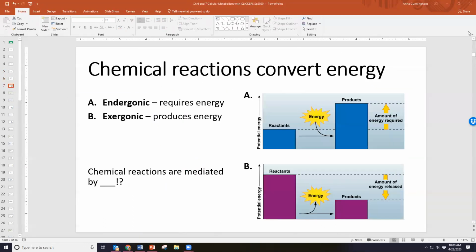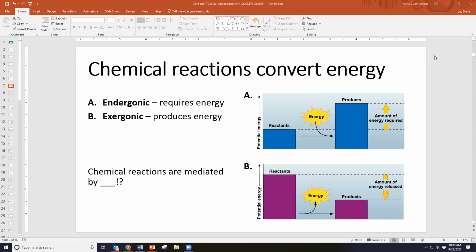Okay, so whenever we talk about converting energy, it is chemical reactions that convert energy. Like we talked about, cellular respiration converts stored energy in chemical bonds into usable energy, which is ATP. Photosynthesis is also a huge chemical reaction that converts kinetic energy into stored energy, or kinetic to potential, in the form of sugar.